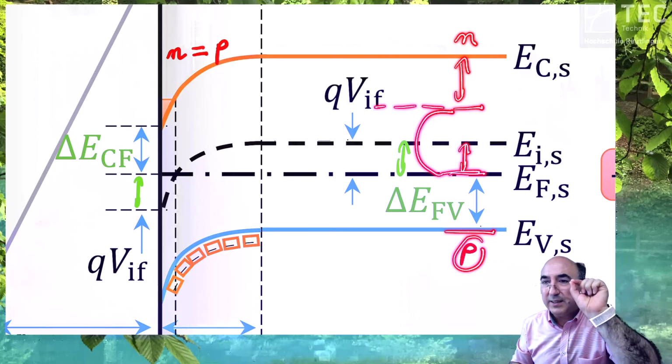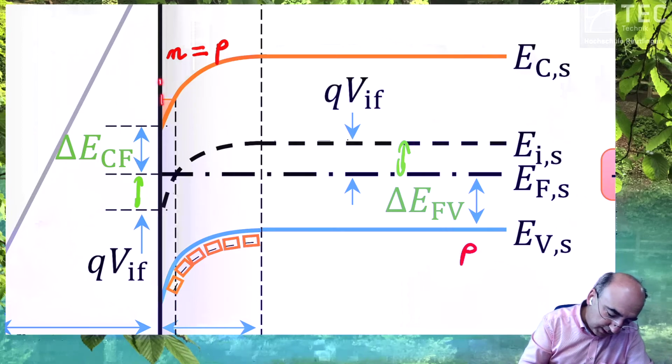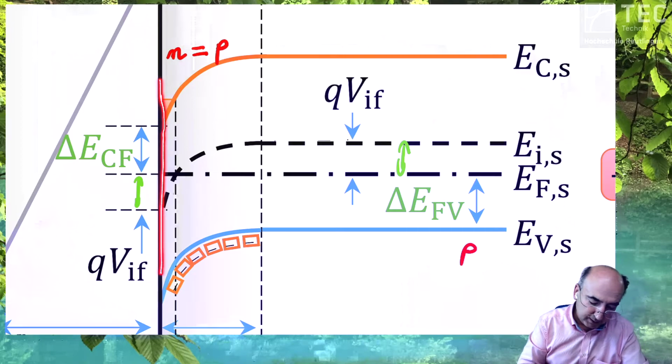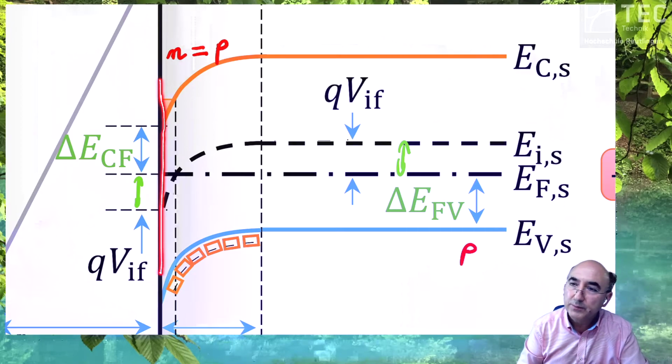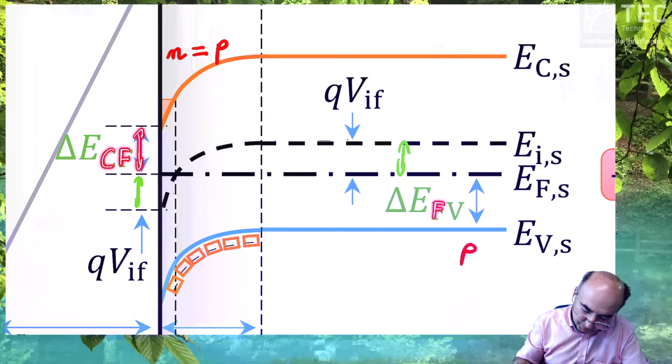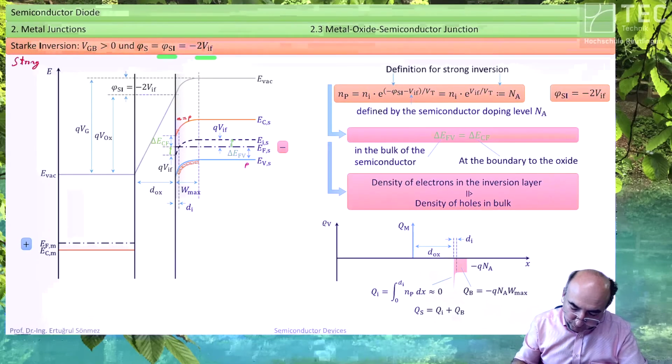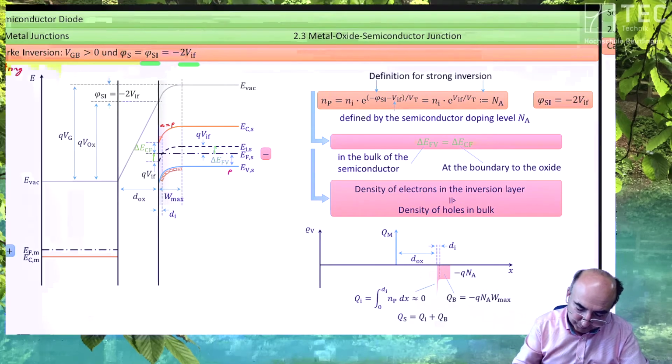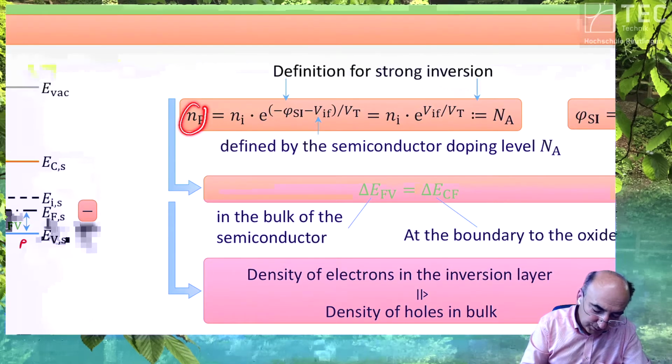And exactly this happens at the oxide semiconductor interface. The conduction band Fermi distance is the same like the Fermi valence band distance. And this, I have put it here.